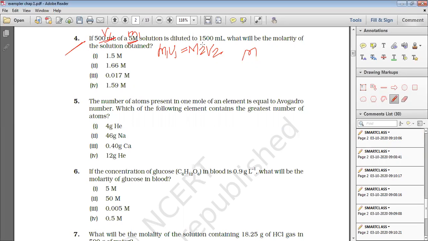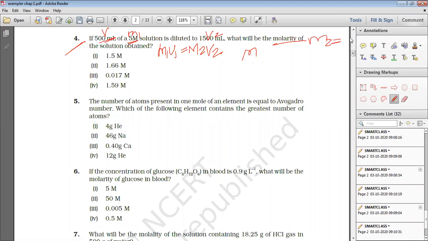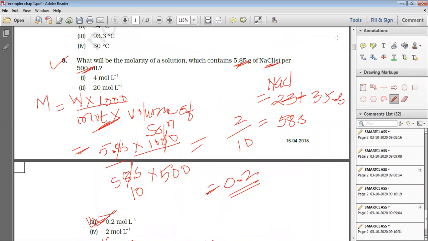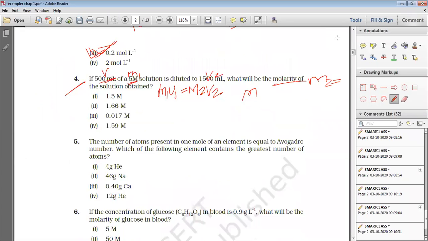What is your V2, my dear students? So when you look at V2, you find out this is your V2. And this M2 you need to find out. Molarity, this is what it is, M2 is question mark. I hope you understand what I'm trying to explain you. So let us put all these values. For M2 we'll put M2.